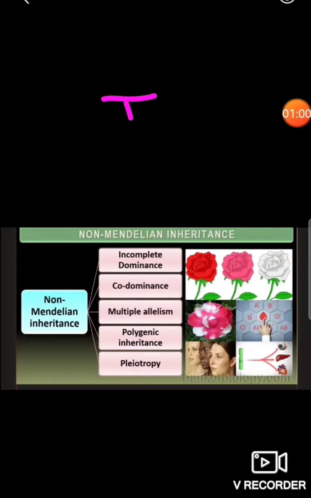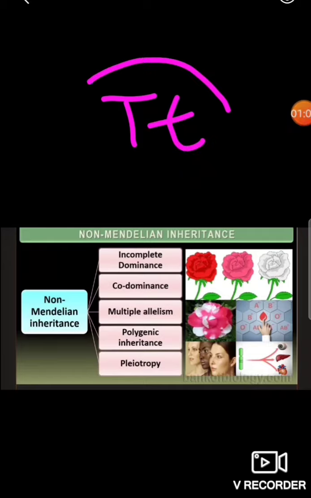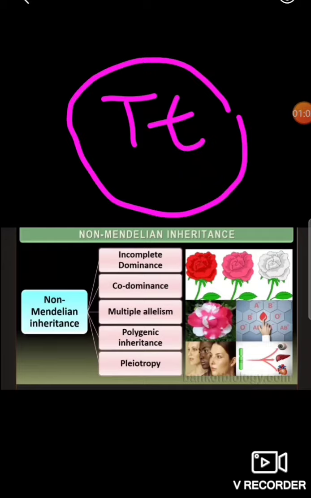It produces capital T and small t. This we call the heterozygous condition.